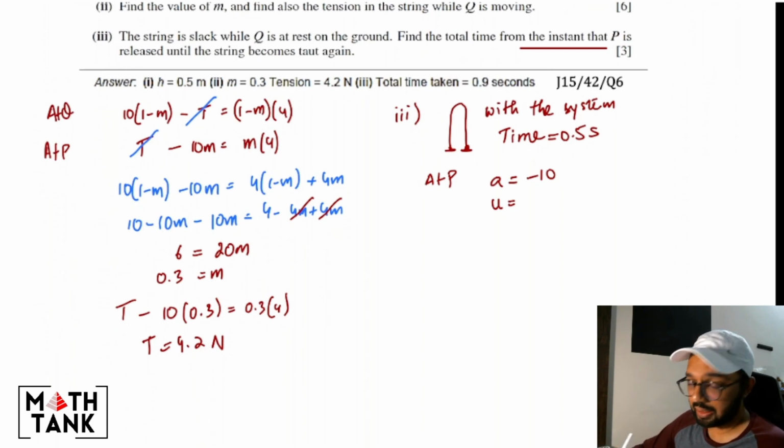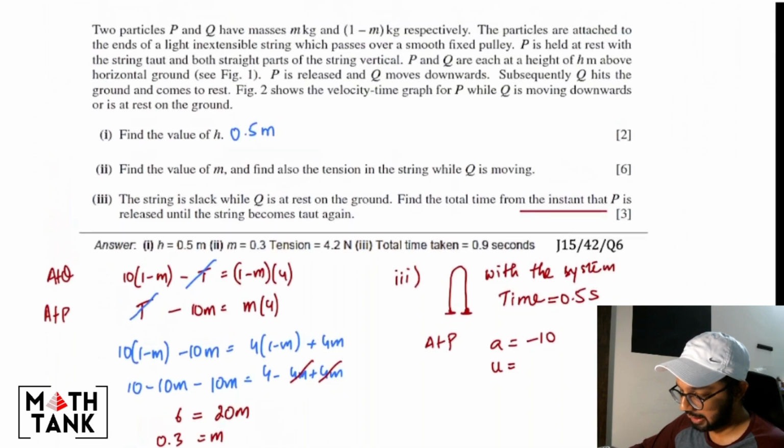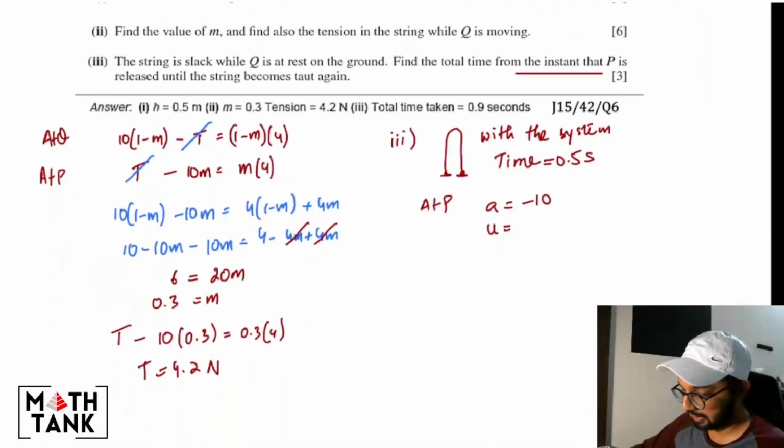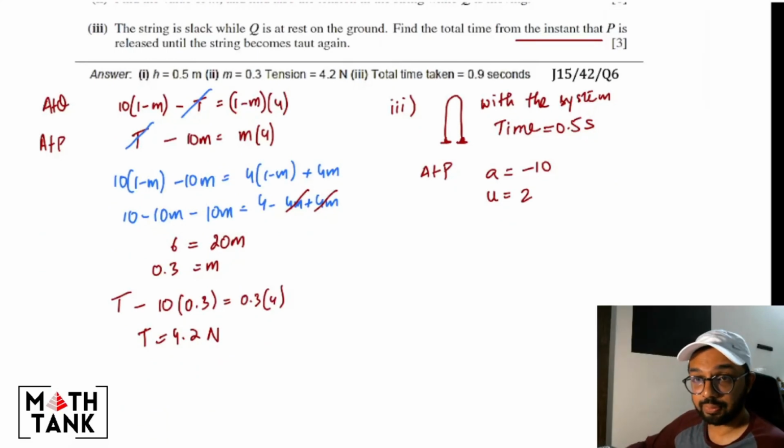That's something that I don't know, but I can see in the graph that it's 2. So when the system broke, its starting speed was 2. What I can then do is find out how much distance and how much time. Basically how much time. I already know the distance if it's gone.